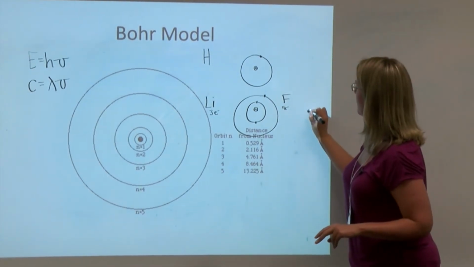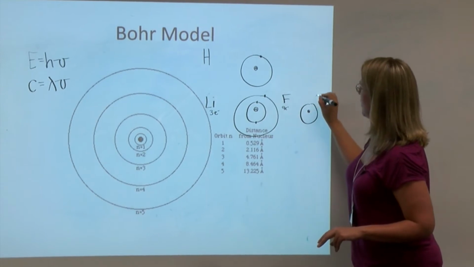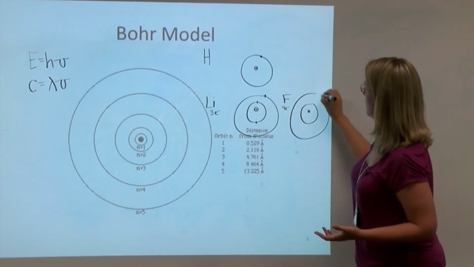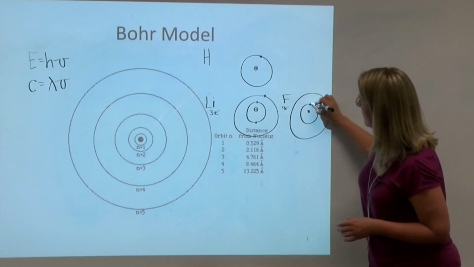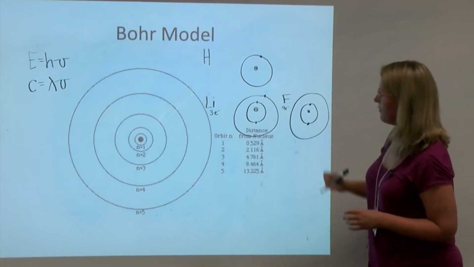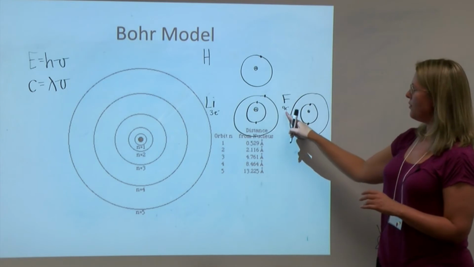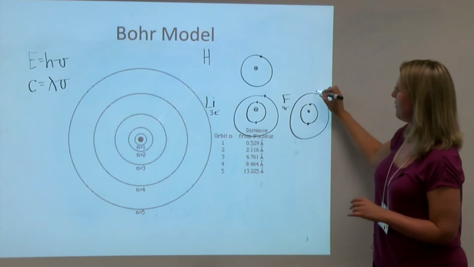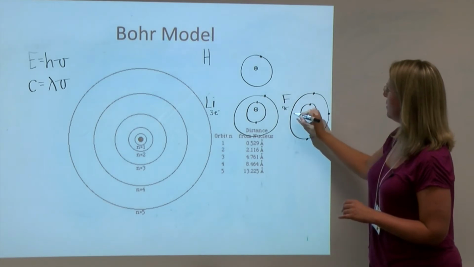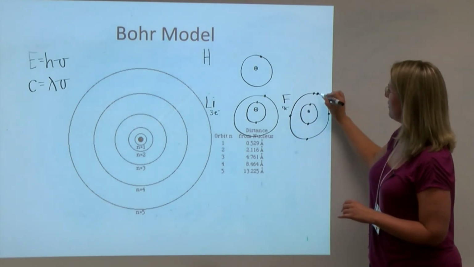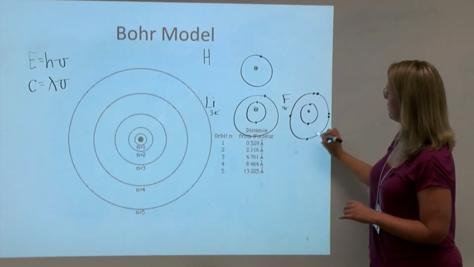So there's my nucleus in the center. Circle 1, n equals 1. Circle 2, n equals 2. Only 2 electrons can fit in the first level. And so we've used 2 of the 9, so we have 7 left. So we're going to go 1, 2, 3, 4, 5, 6, 7.